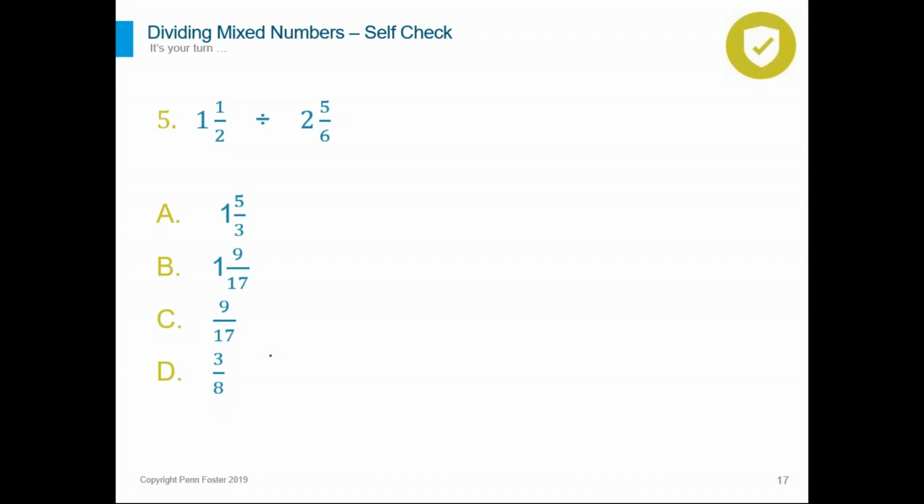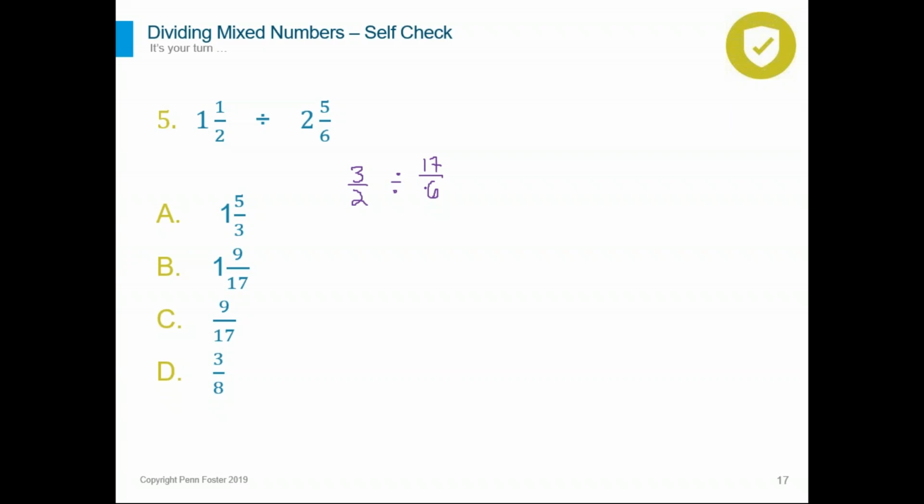Okay, so the first step is change the mixed numbers to improper fractions. And so far, we know how to do that. 1 times 2 is 2, and 2 plus 1 is 3. So 3 over 2. We're still dividing. 2 times 6 is 12, and 12 plus 5 is 17, and 6 will remain in the denominator.